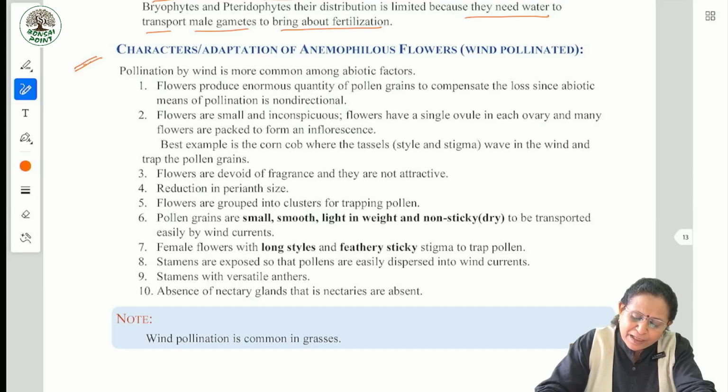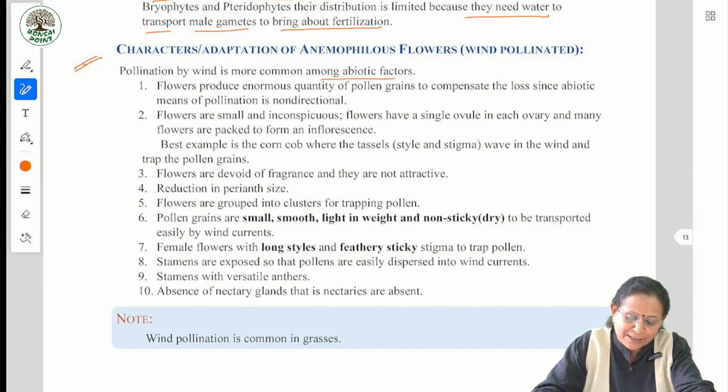Pollination by wind is common among abiotic factors. Flowers produce enormous quantities of pollen to compensate the loss, since abiotic means of pollination is non-directional. Flowers are small, inconspicuous, having a single ovule in each ovary, and many flowers are packed together to form an inflorescence.